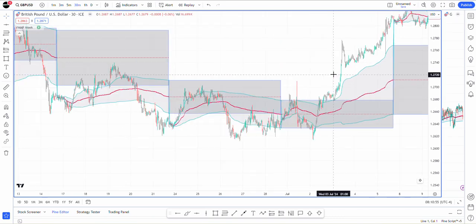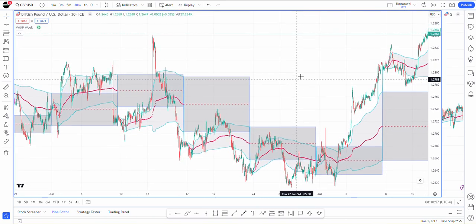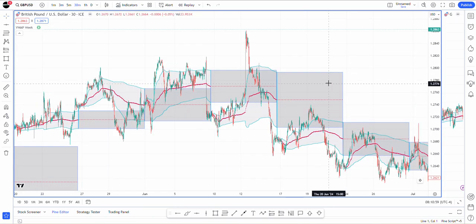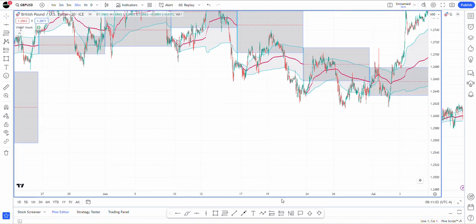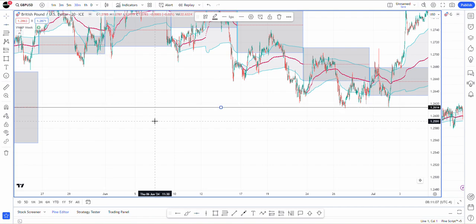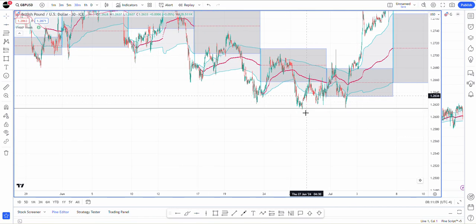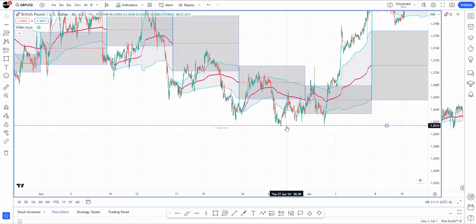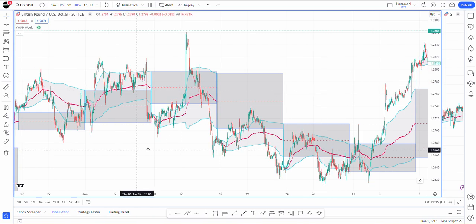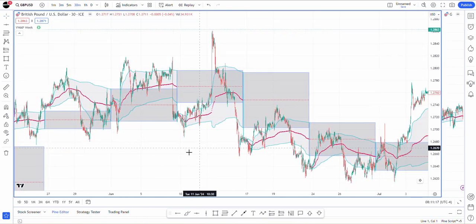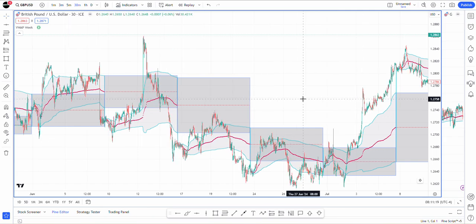A lot of times I'll only use that level for one week, but you'll see that this red dotted line, which is the actual VWAP, in future weeks gets to it more or less precisely, and you can use that as turning points or support and resistance basically.